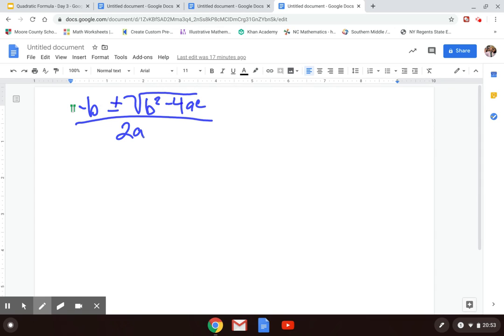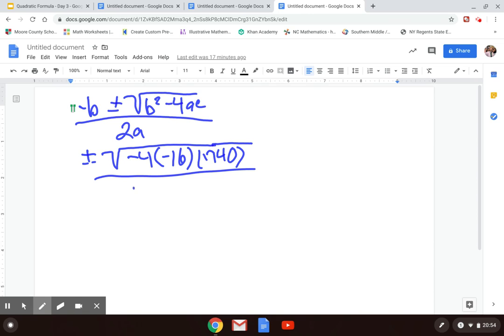I don't have a b term, so when I plug everything in, I'm just going to have plus or minus the square root of negative 4 times negative 16, and then my c value is 1,730, all of that divided by 2 times a negative 16.